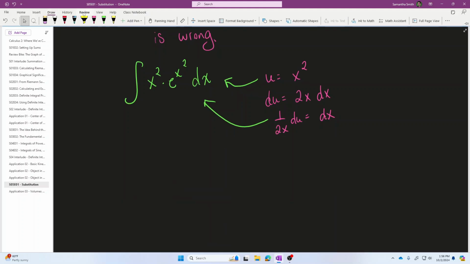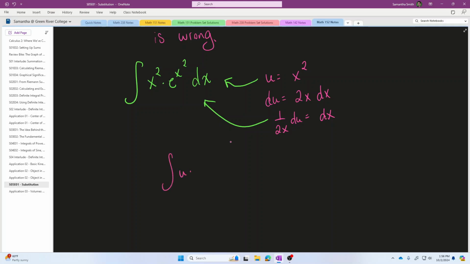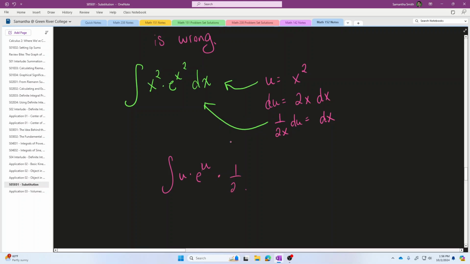I have that u in the front getting changed. If x squared and u are equal, then that x squared in the front is equivalent to u. That x squared in the exponent can be changed, so I would have e to the power u. And if I change that dx, I would get 1 over 2x times du.